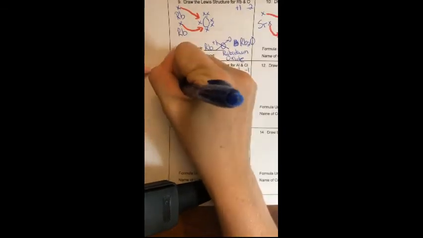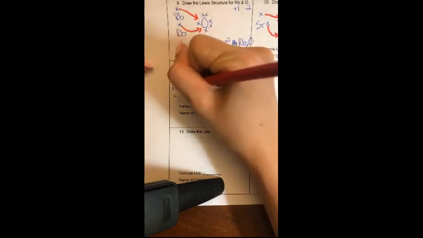So aluminum, 1, 2, 3, and then 3 chlorines, which each one has 7 valence. 1, 2, 3, 4, 5, 6, 7, and then aluminum is going to send each one to each chlorine. Okay, and then the name of this will be aluminum chloride.